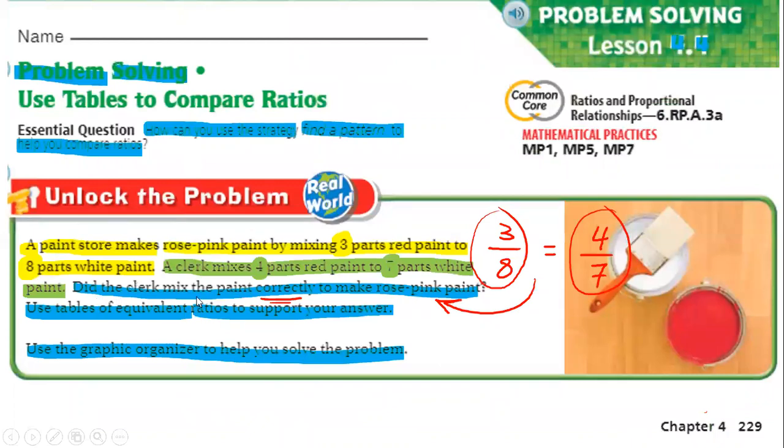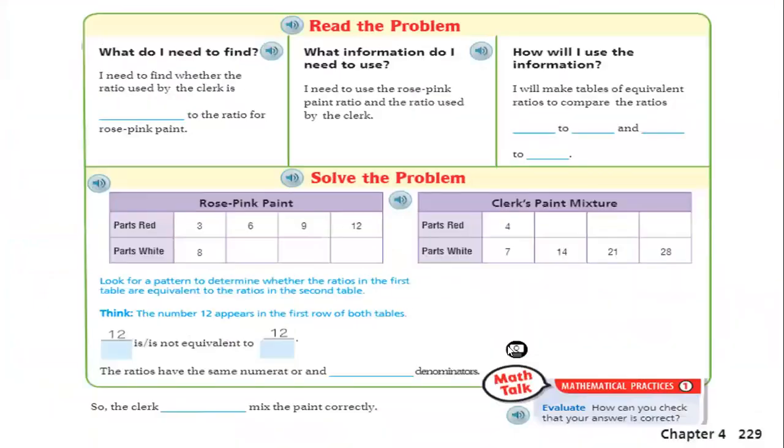Did the clerk mix paint correctly? If you see they are equivalent, you will say yes. If you see they are not equivalent, you will say no. No, the clerk didn't. Do you understand, guys? Yes.